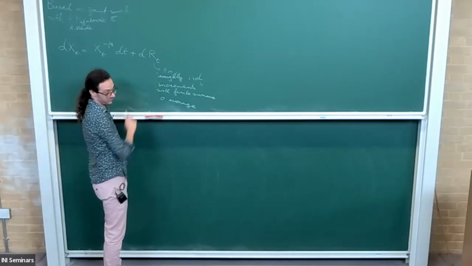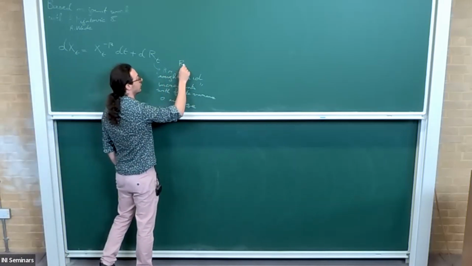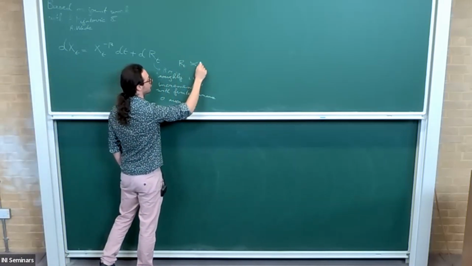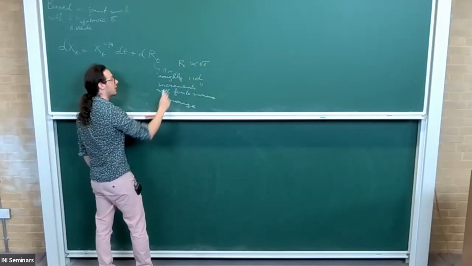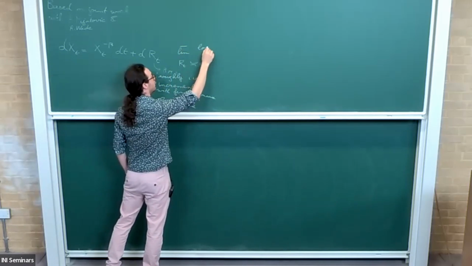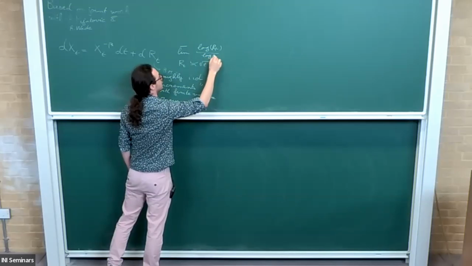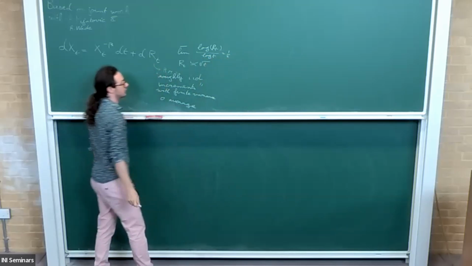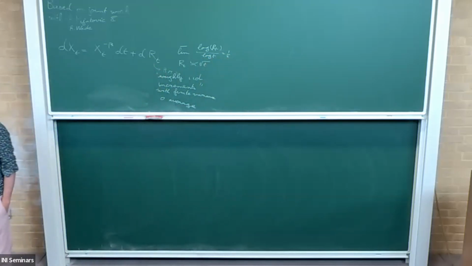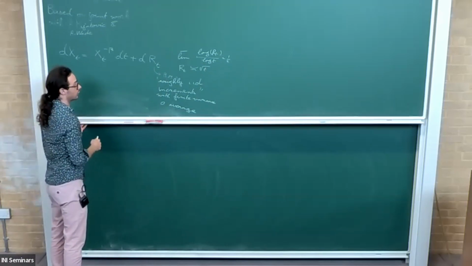So in particular, with this assumption, one thing that you should expect is that Rt is of order about square root of t, by which I mean that the lim sup of log Rt divided by log t is equal to 1/2. Okay, so what can we do with that?